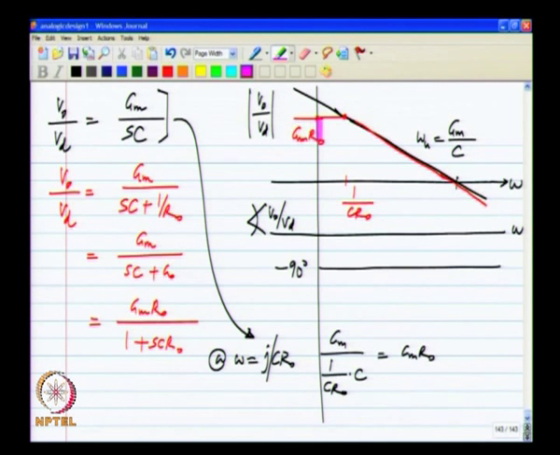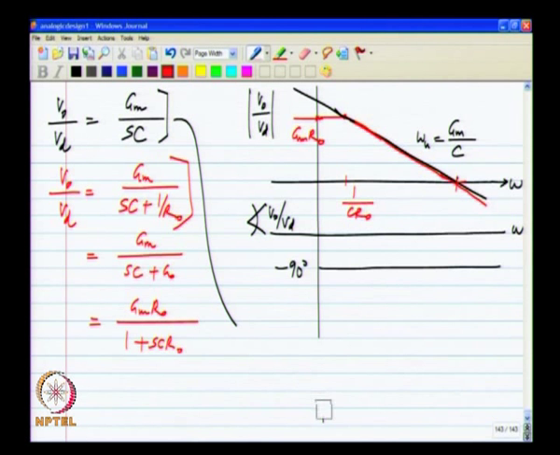So, in the Bode plot sense, the red line meets the black line and then follows the black line, because after that the slope is 20 dB per decade for both of these curves. So, this also means that even this one intersects the unity at a frequency approximately Gm by C. We will confirm that with calculation later, but that is what happens.